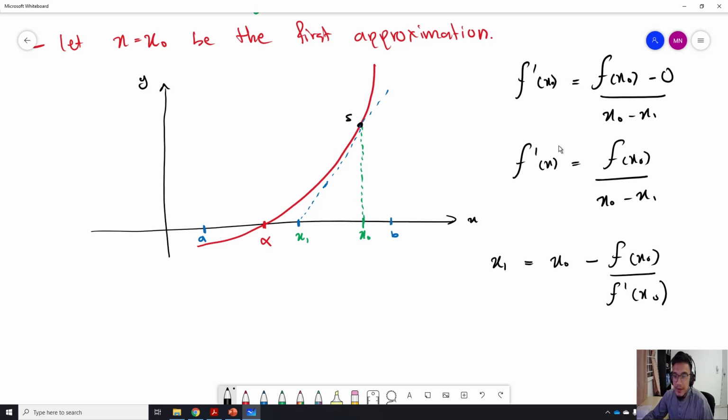This is f prime x naught, with f x naught minus 0 in the numerator. So in order for us to find the value of x1, we can use this equation: x1 equals x naught minus f x naught over f prime x naught.